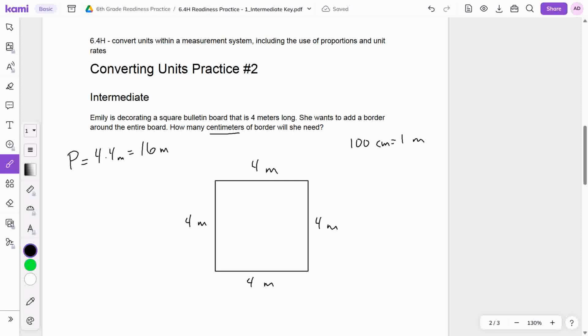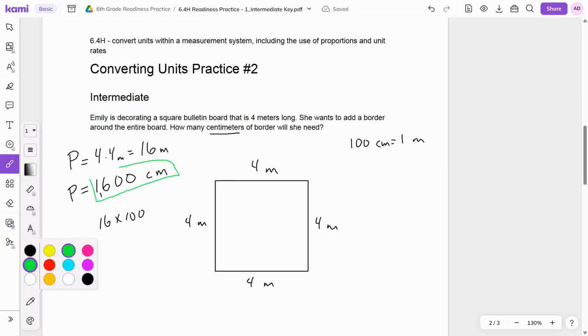So it's 16 sets of 100, so I can multiply by 100. I also remember the pattern that if I multiply by 10, 100, 1,000, I'm just adding zeros. So really, it's going to be perimeter equals 16 with those 2 extra zeros, or 1,600 centimeters. Let's put a green box around that.